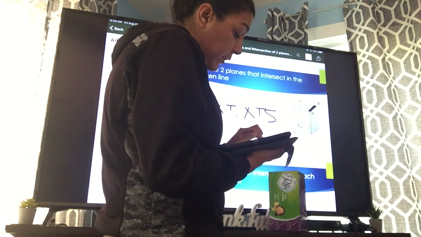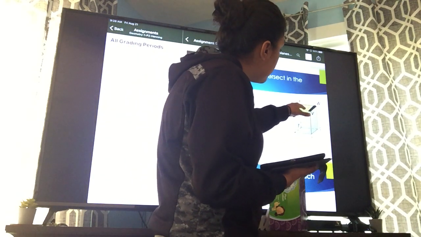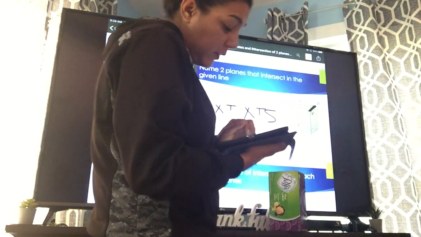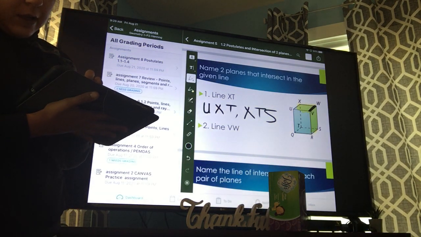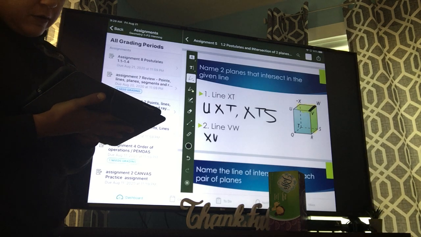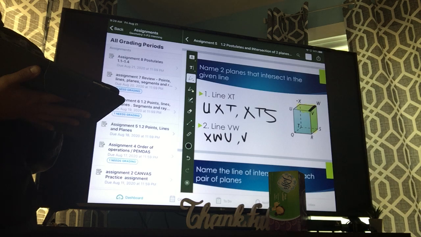It's going to be this top plane, all this top section, and this side section. And so to label the planes, we can say XWV, and the other plane you could say is VWS.